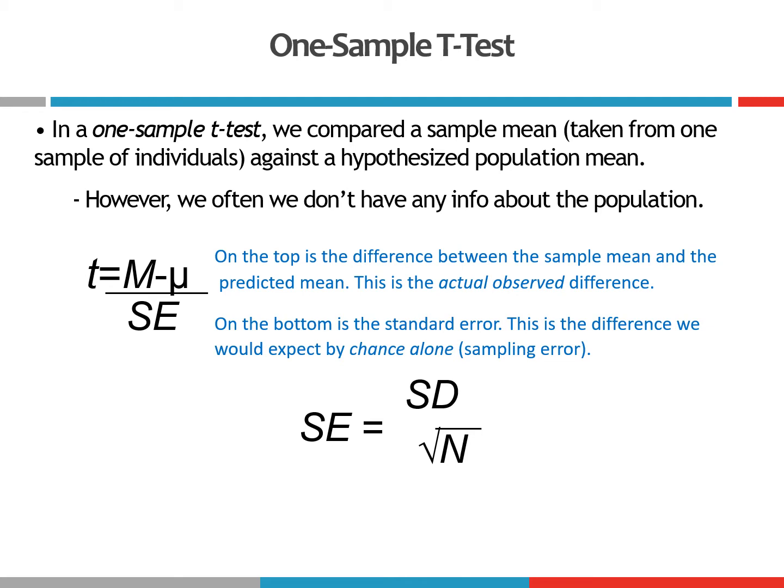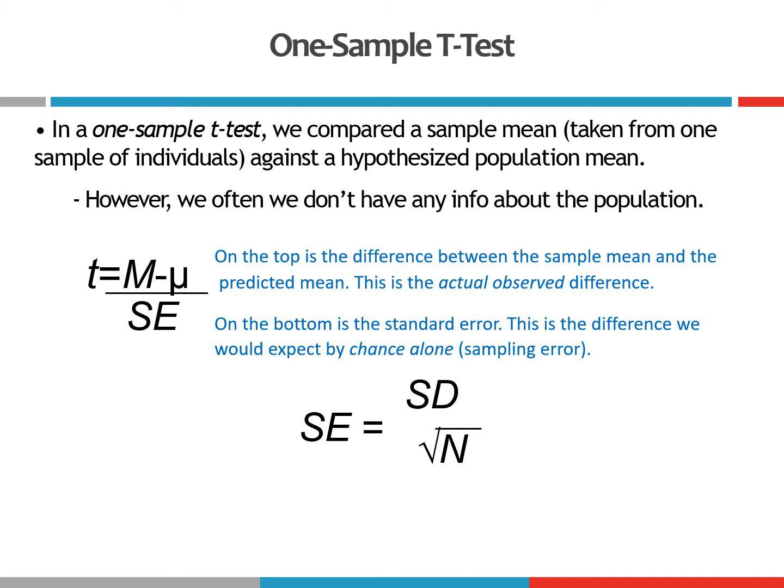So because we are talking about t-tests again, and you guys already have some experience with the one-sample t-test, there are a lot of similarities between the different types of t-tests. So I wanted to make you aware of that. Right, so in a one-sample t-test, what we're doing is we're comparing our sample mean against a hypothesized population mean, right?